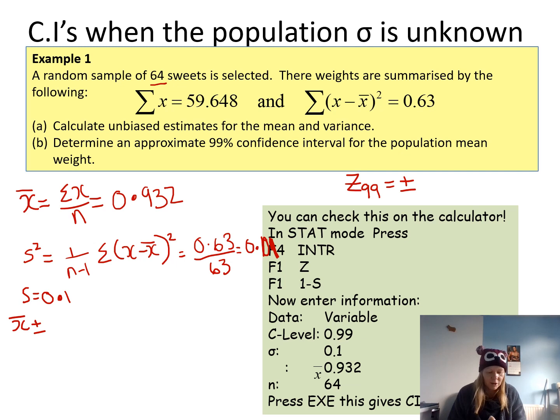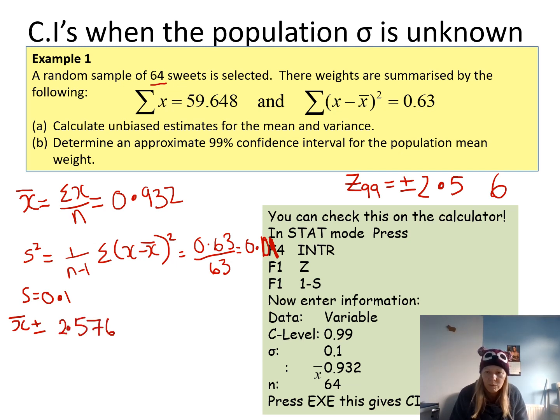We want central as the tail, 0.99 as the area, sigma 1, mu 0. Press EXE and you get plus or minus 2.576.